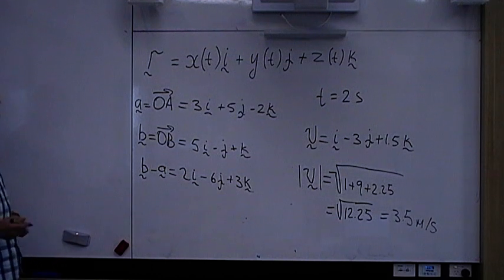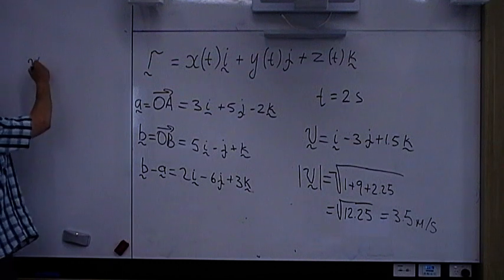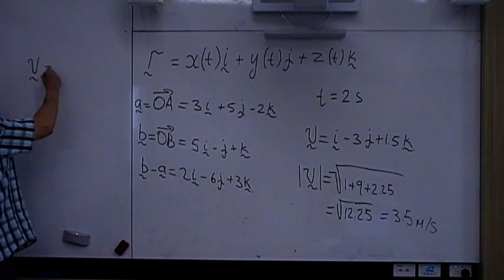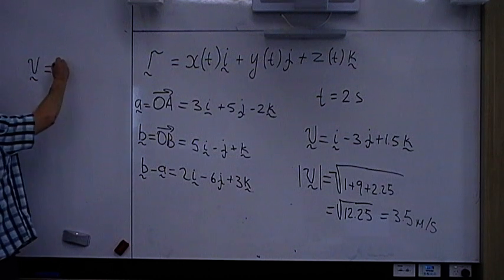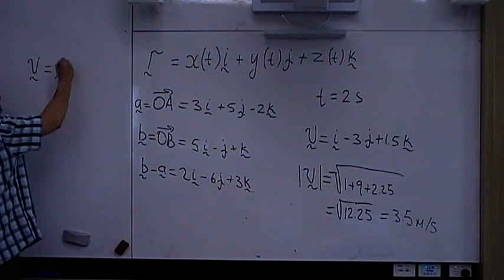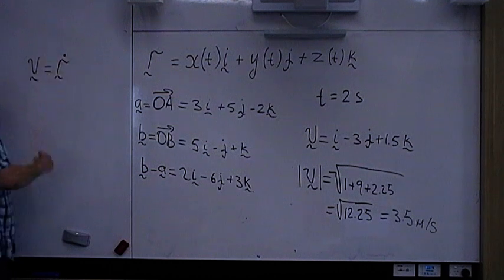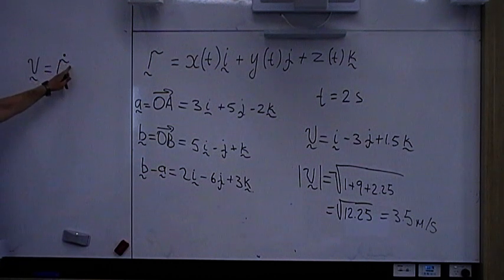So to find the velocity, it is the derivative of the displacement, the position. We represent it by putting a dot at the top.